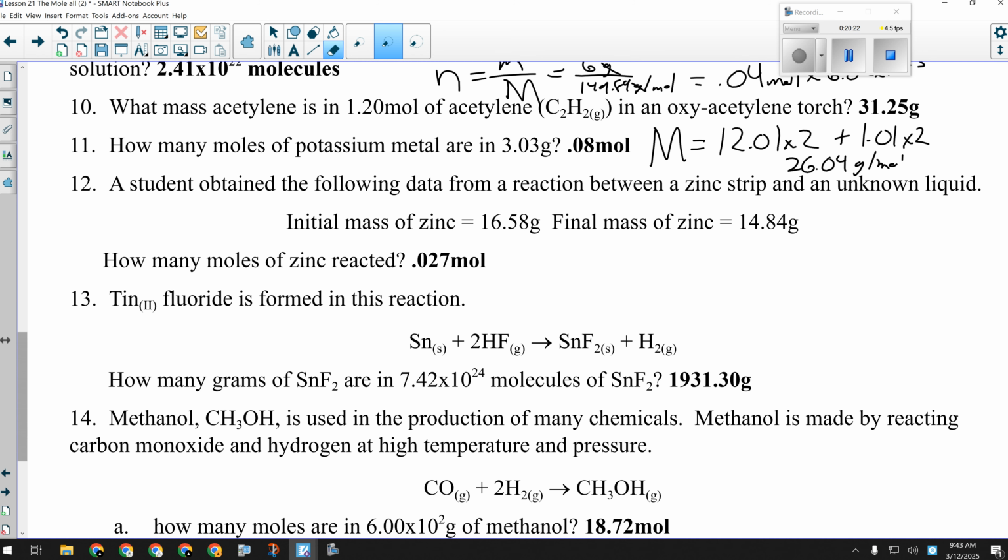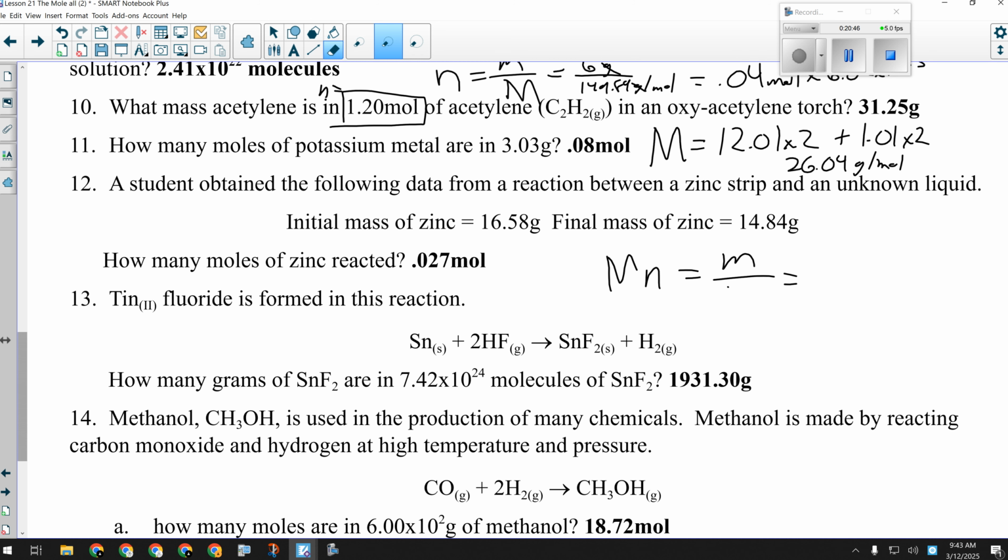Grams per mole. Now we've got big M for the acetylene, and they told us there are 1.20 moles, so they gave us n. If we're just looking for the mass, we manipulate the mole equation to get little m by itself by multiplying both sides by big M, then plugging in our numbers.